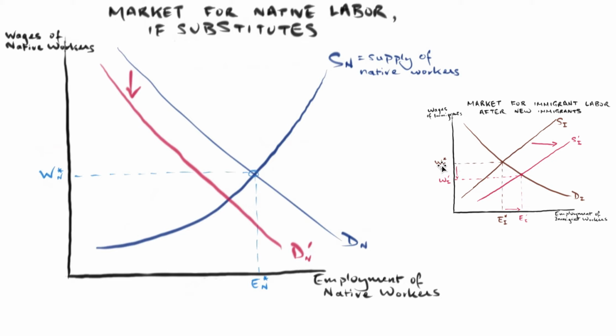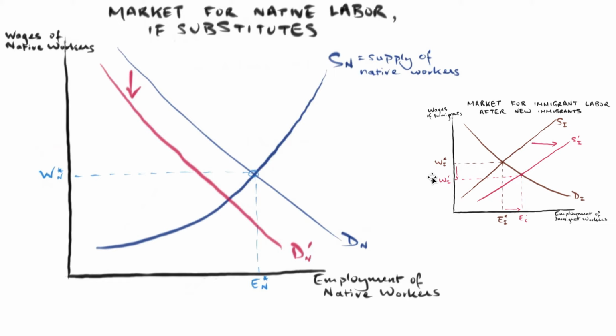So, if immigrants and natives are substitutes, employers want one type of worker or the other, but don't really need both, in the same way that your appetite might be satisfied by eating a pizza or a hamburger, but you don't need both.